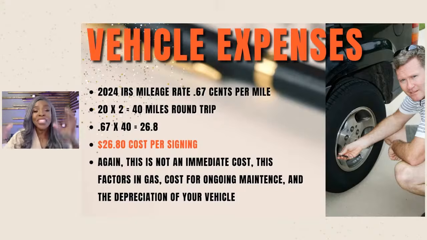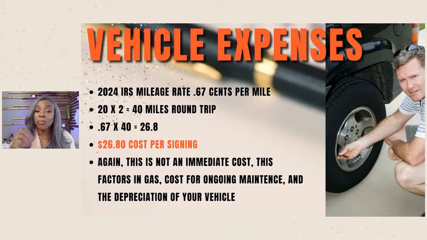Again, guys, this is not an immediate cost. I'm not saying that you're spending $26.80 on gas. I'm saying that all of those different things that I listed, more frequent oil changes with better quality oil, more frequent tire purchases, more frequent other car maintenance that you have to pay for, as well as the depreciation of your vehicle, all of that, I'm including in that $26.80 cost.